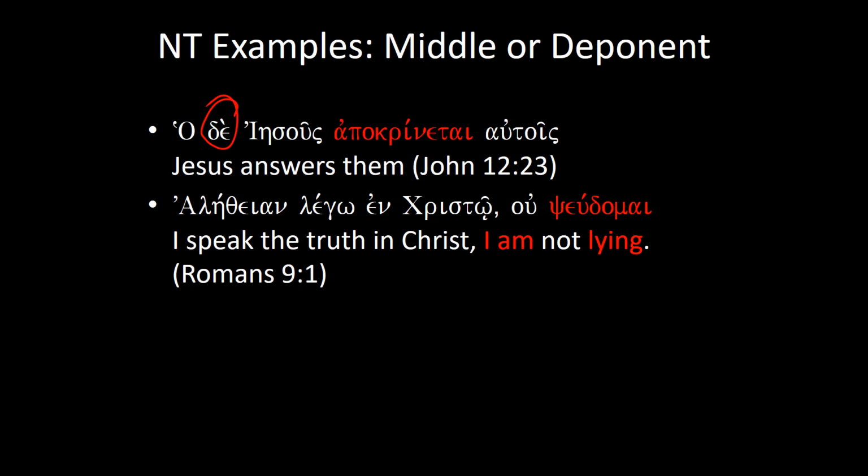I can make some children of Abraham out of these rocks. So it's by faith. You have to believe. So Paul says, Alethean lego in Christo ou pseudomai. I speak the truth in Christ, ou pseudomai. This is from pseudomai. It's a deponent. I lie. It's negated by ou, so it's I am not lying.